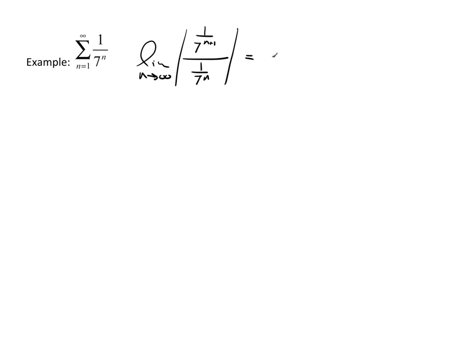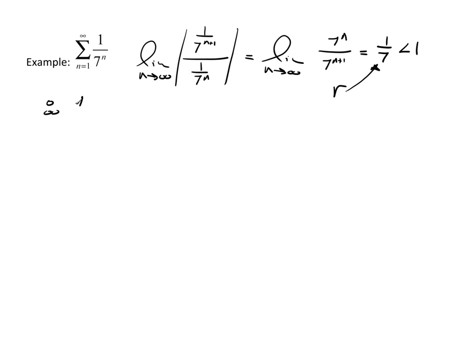So this is actually going to be equal to the limit as n goes to infinity of 7 to the n over 7 to the n plus 1, which is equal to 1/7. So this is what I'm thinking of as being r. And you notice that this is less than 1.